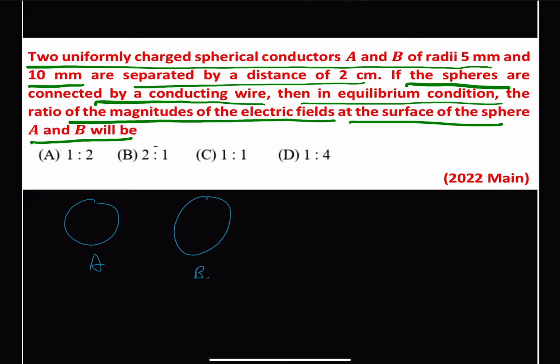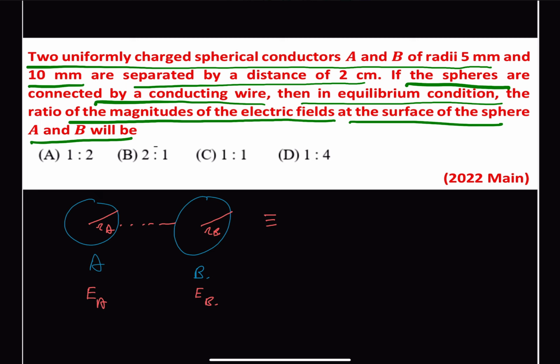and they are connected with a wire, and in equilibrium, let us suppose here the electric field is EA and here the electric field is EB, and its radius is RA and its radius is RB. As they will be connected by a conducting wire, they should have the same potential in electrostatic equilibrium.